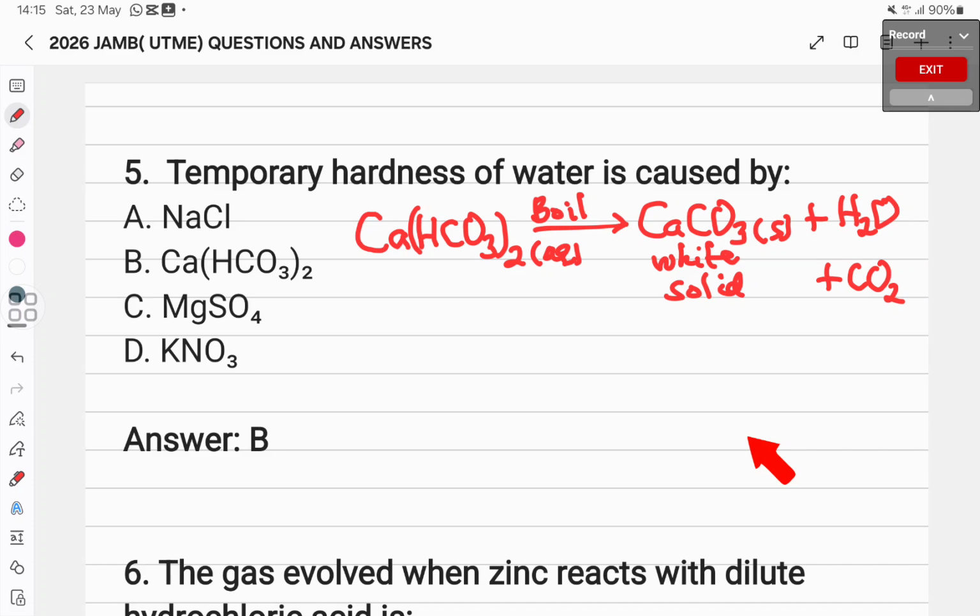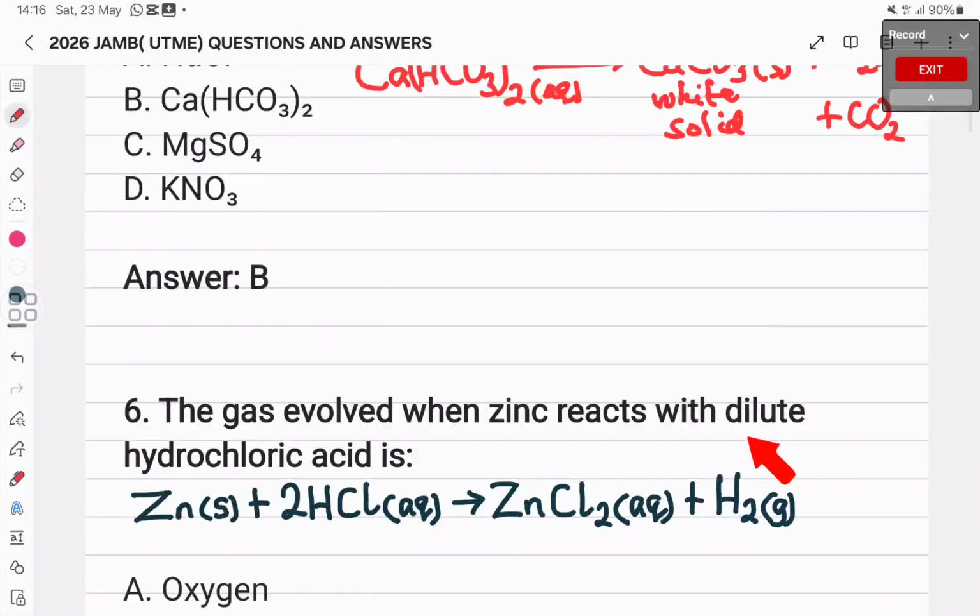Or when you dissolve a sulfate salt of magnesium or calcium in the water, it becomes permanently hard water. So permanent hardness cannot be softened by boiling, but by either distillation, which is a physical process, or by chemical methods. But temporary hardness can be removed by boiling of the water. So the correct option here is B.